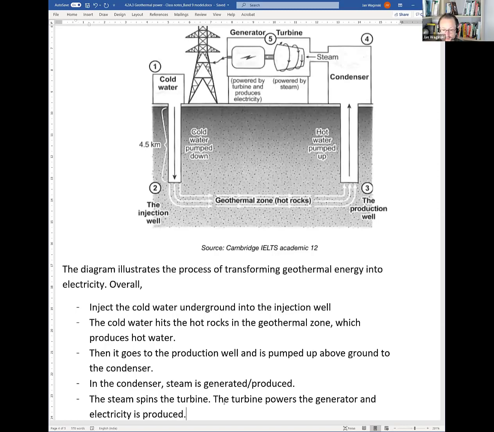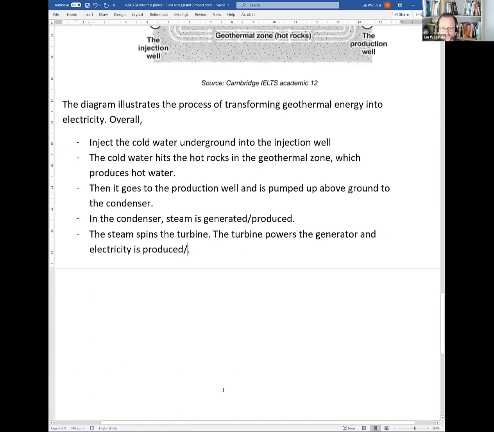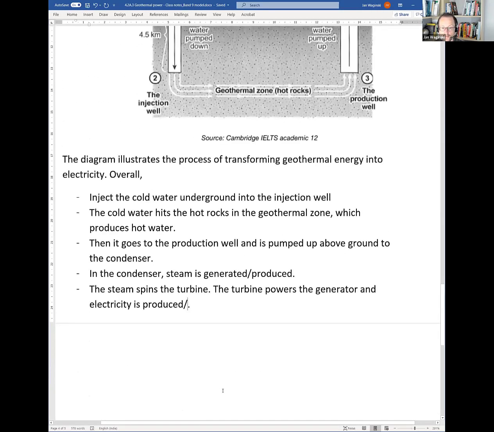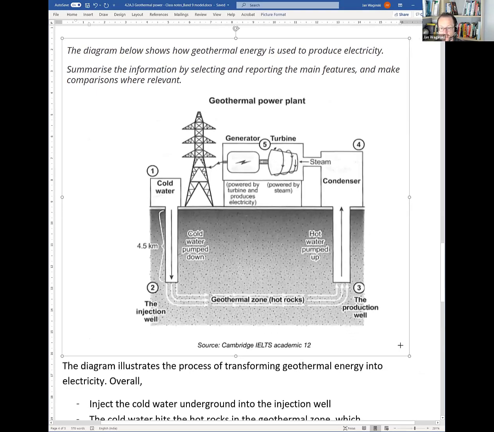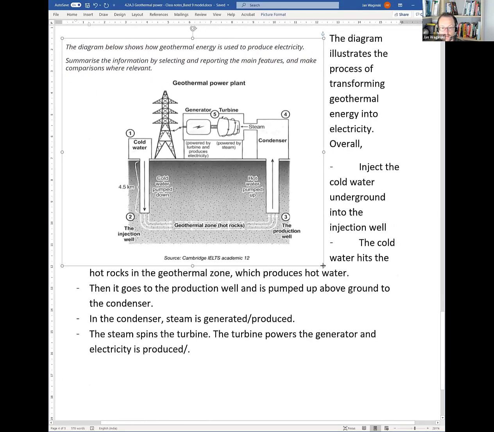Or the turbine powers the generator. What about using a participial phrase? And electricity is produced. That's what we've got right now. Maybe you can't see it. Oops. Okay, I'm going to make the diagram a little bit smaller because I've run out of screen.